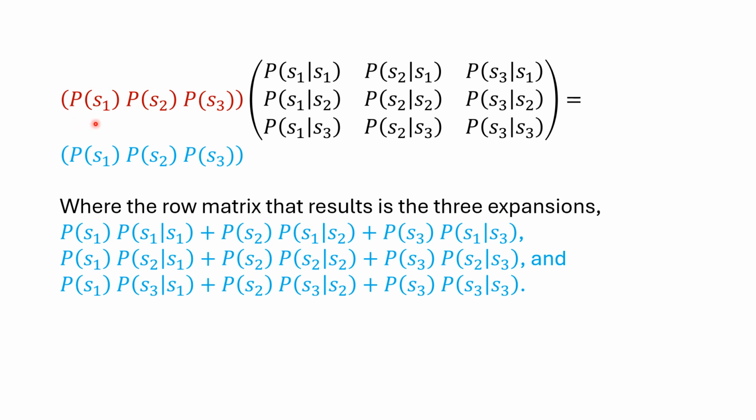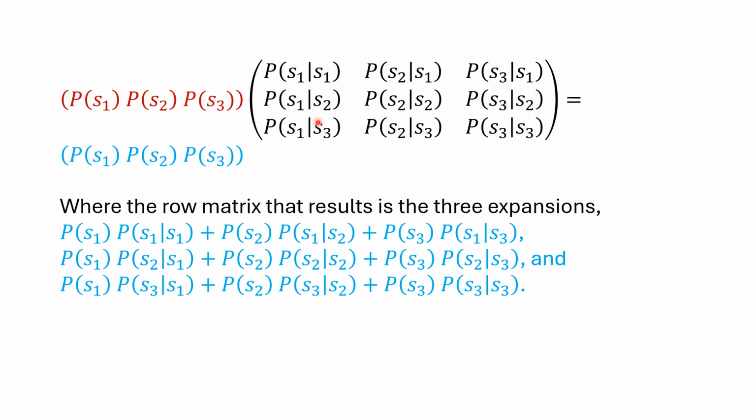Suppose we have something that has three states: 1, 2, and 3. The probability, if it starts in state 1, that it goes to state 1, the conditional probability, is here. What if it starts in state 2 and goes to state 1?